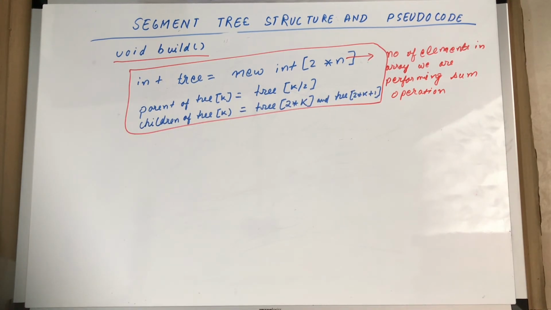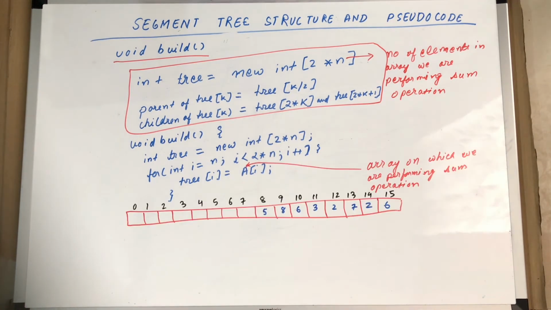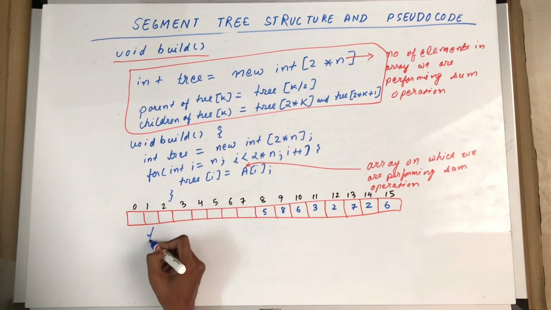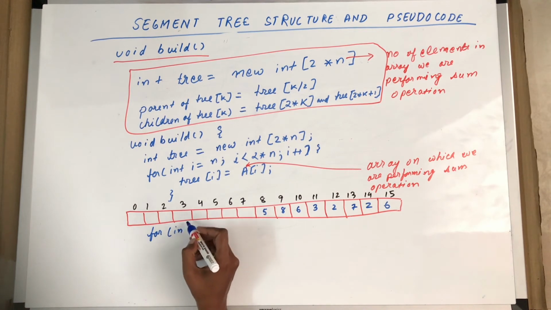As the leaf nodes are elements of array, we populate the last n elements in tree array with elements of array. Elements in tree array before these are parents of some nodes, and as seen in the diagram, their value is the sum of its children.